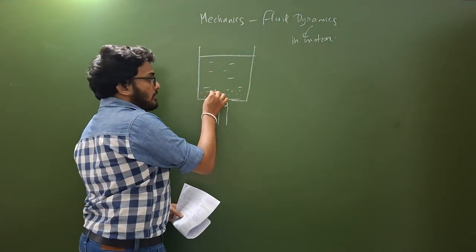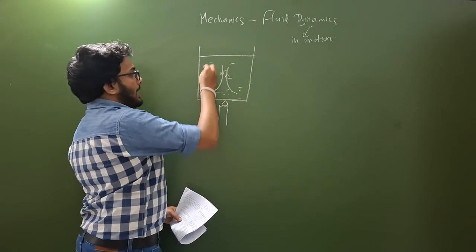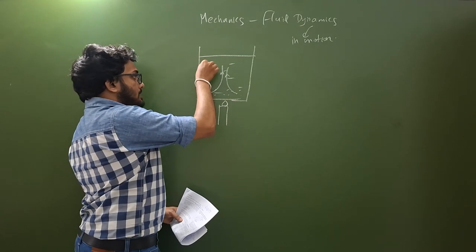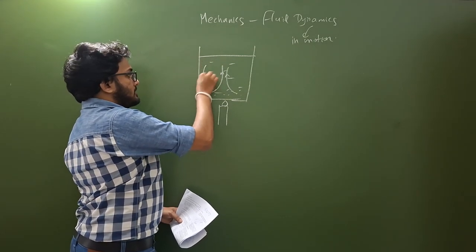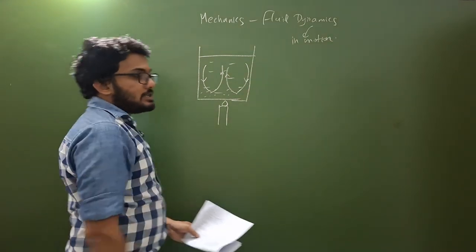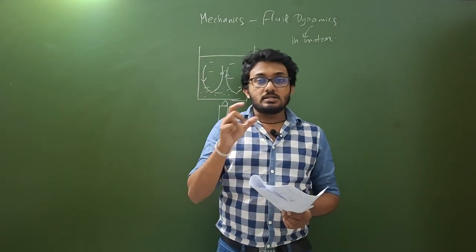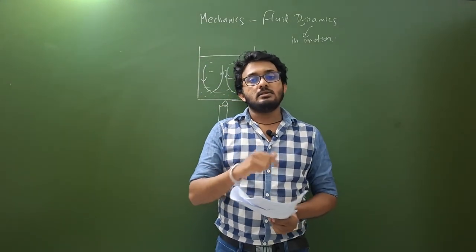And these low density particles, they will go up, they will rise, and higher density cold particles, they will come down. So here we can see there is a circulation of fluids, or a circulation of liquid particles, a flow of liquid.